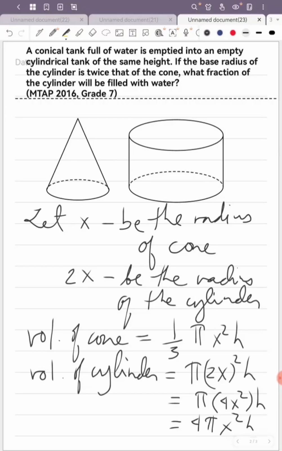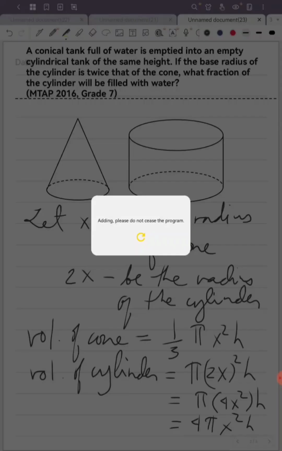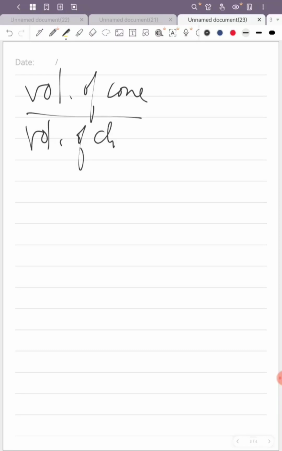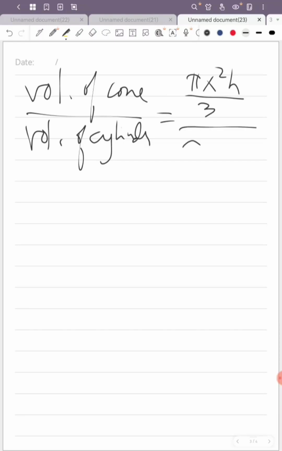So in order to continue, we will now divide the volume of a cone by the volume of the cylinder, which is equal to pi x squared h over 3 divided by 4 pi x squared h.